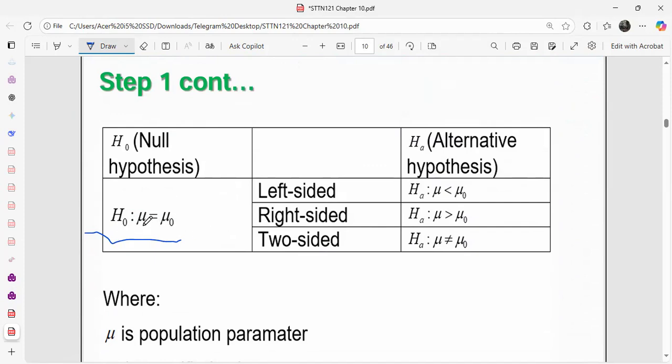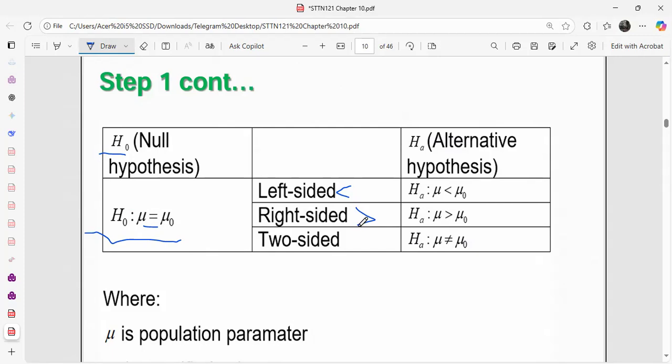For the alternative hypothesis, if they say it's left-sided, right-sided, or two-sided, it will depend on the statement that you are given. If it's left-sided, it means the population parameter is less than the value that you're going to use. Right-sided, it's greater than.